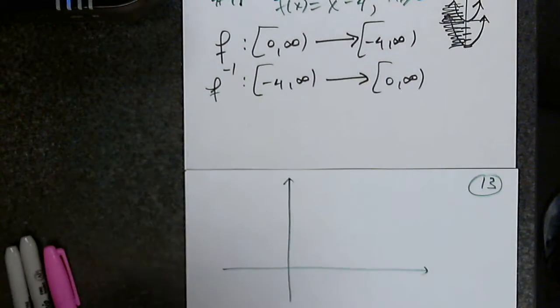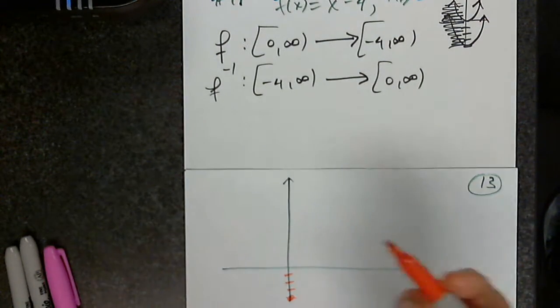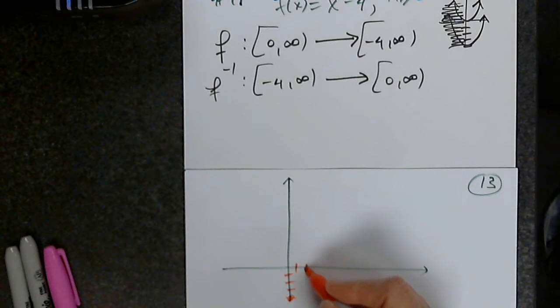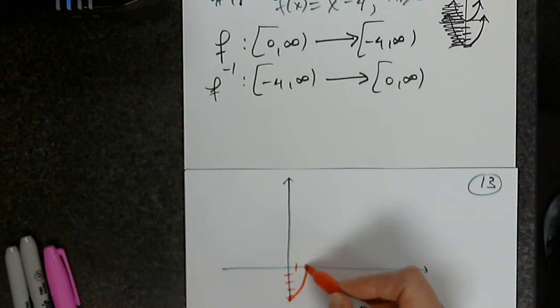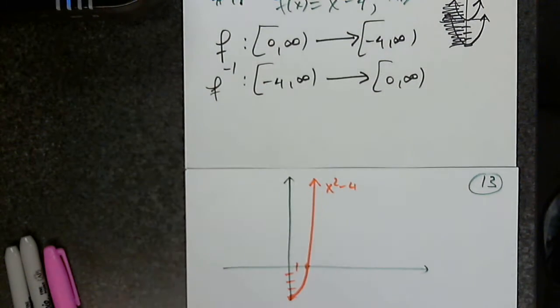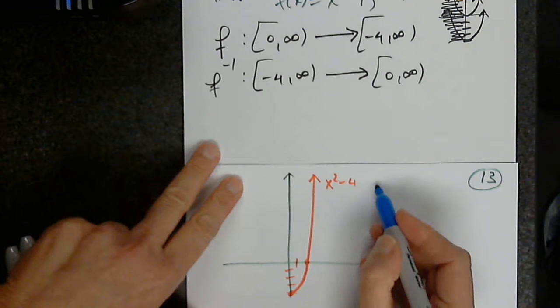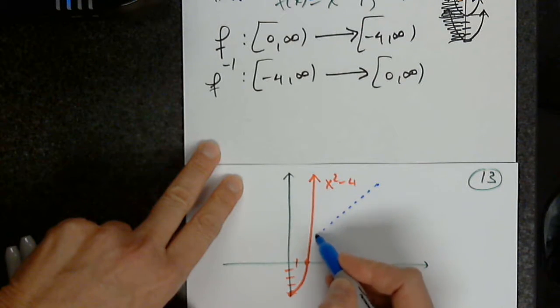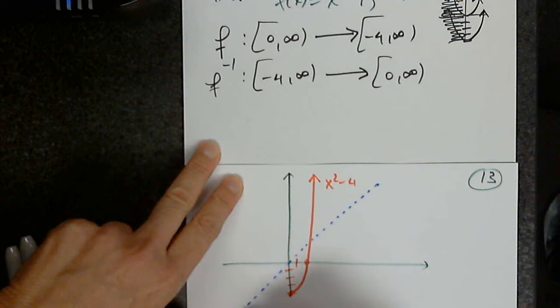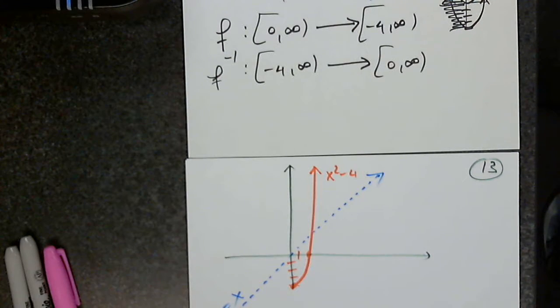a couple of ordered pairs. I know the vertex is at 0, -4. And I know that x squared minus 4 is 0 when x is 2. So I have no doubt that this is the function x squared minus 4 when x is greater than or equal to 0. I know that the inverse function must reverse the coordinates, and it will definitely be symmetric with respect to the line y equals x.